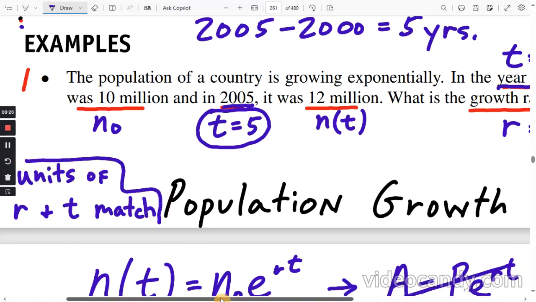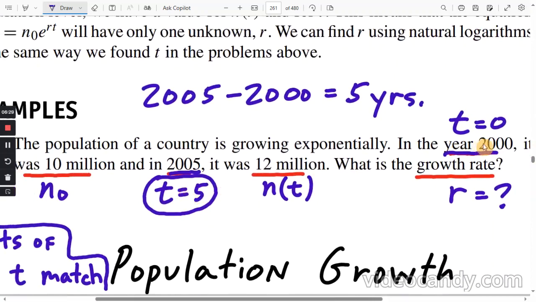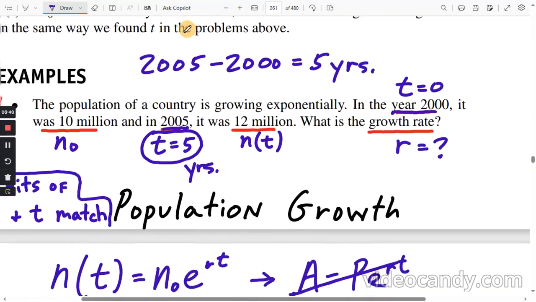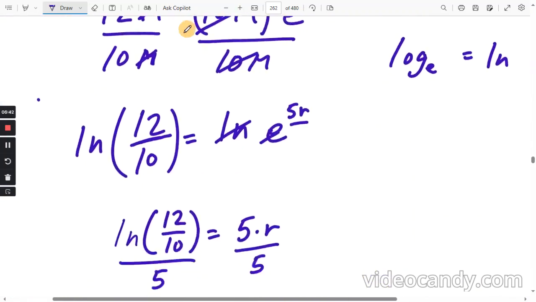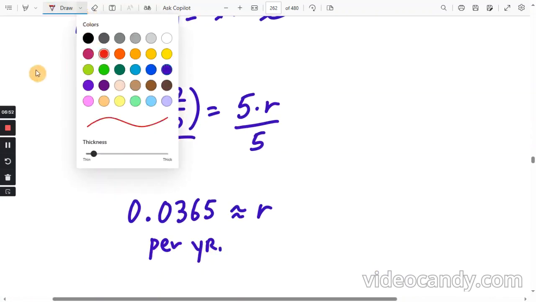T went from year 2000 to year 2005. So T, we said, was in years. So that rate, that number that we just got, is per year. Now we want it in terms of a percentage.